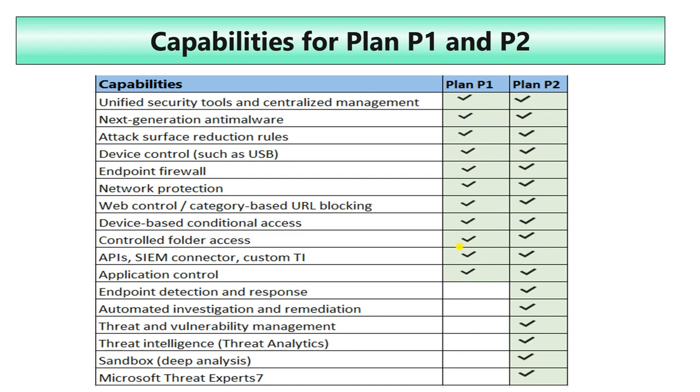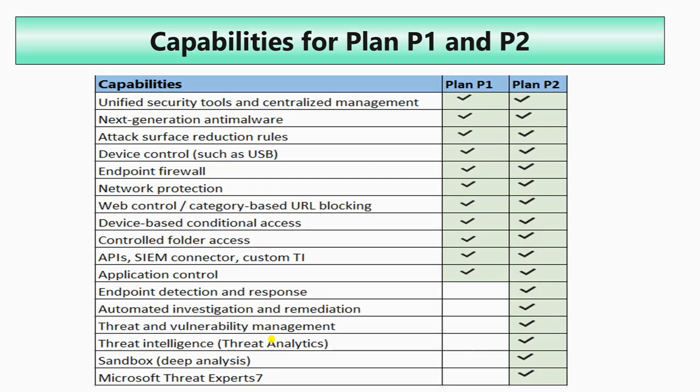As you can see here, plan 1 is covered by plan 2 as well, but in plan 2 we have the extra endpoint detection and response feature, automated investigation and remediation, threat and vulnerability management, threat intelligence, sandbox, which is used for deep analysis, and Microsoft Threat Expert. These features will not be available in the P1 plan, but if we have the P2 plan, we'll get the full package here.